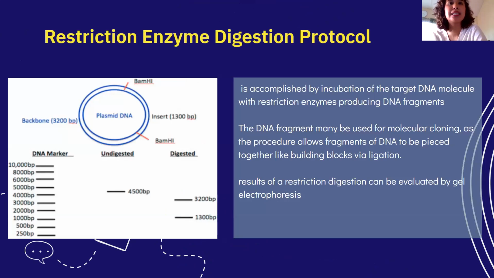So, for next, guys, is your restriction enzyme digestion protocol. So, this is just a way on just knowing that you could cut your DNA into fragments and you could visualize it using your gel electrophoresis.